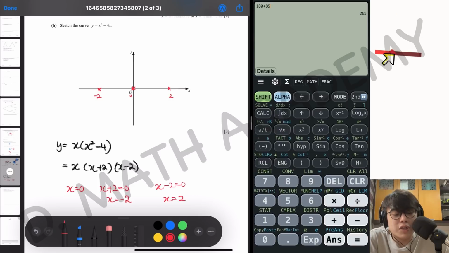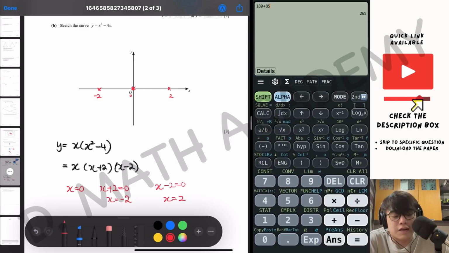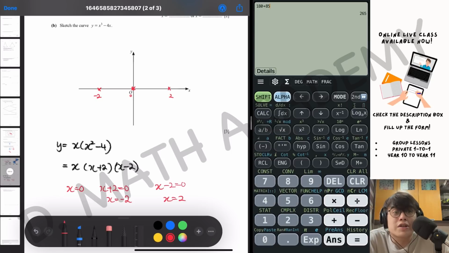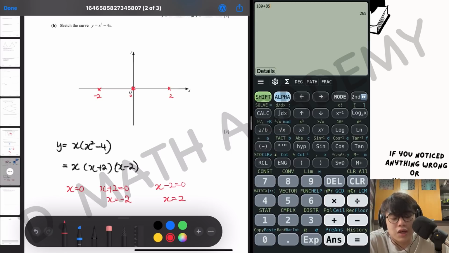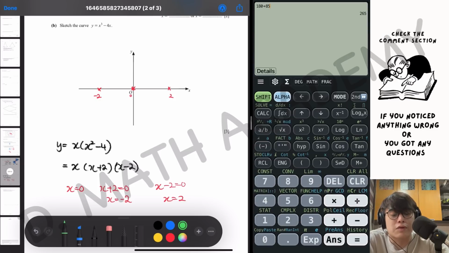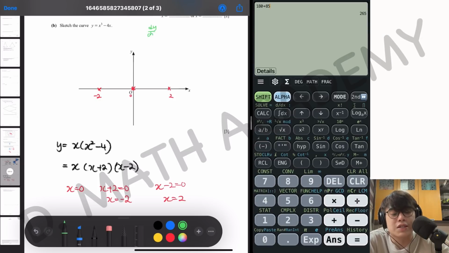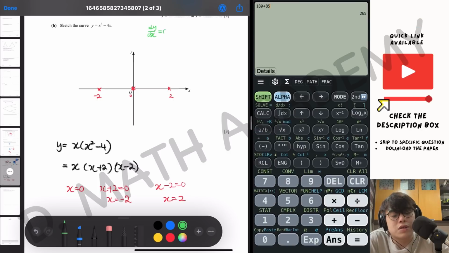So with this information, kindly take note that you have to check where's the turning point. There wasn't any integers to indicate this for us, so I have to run my manual calculation by checking my dy/dx equals to 0.